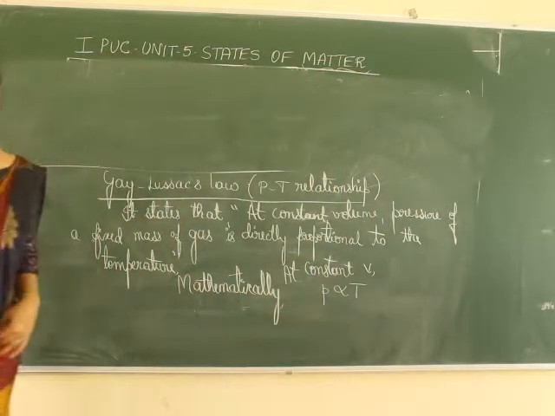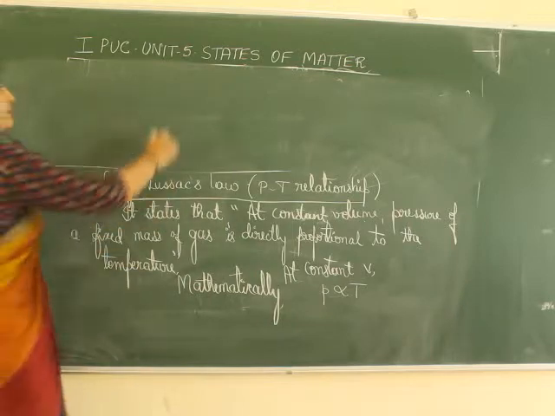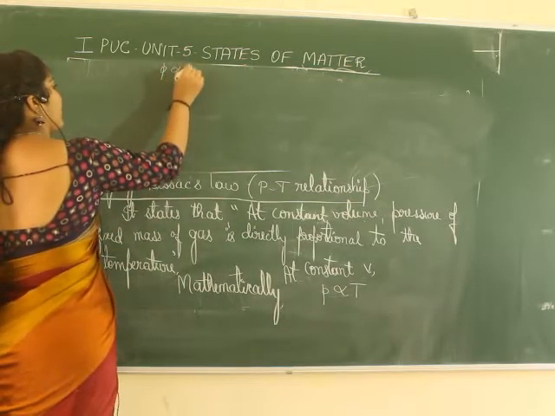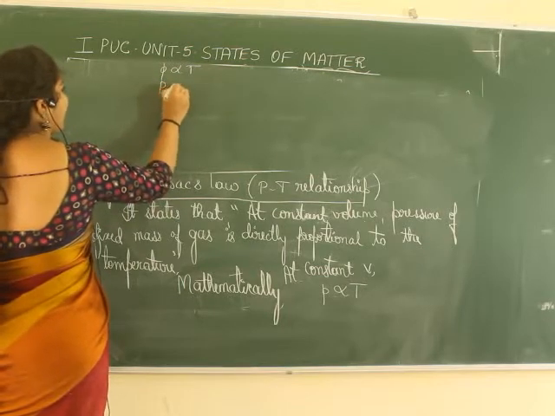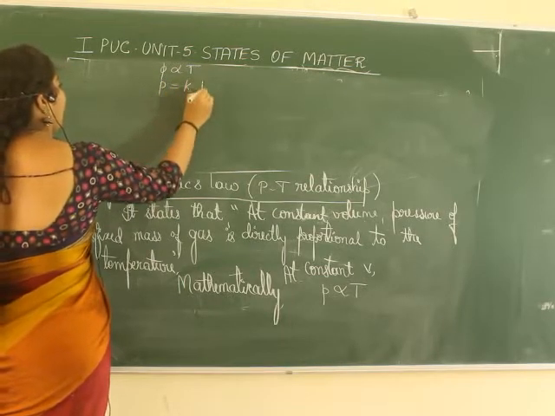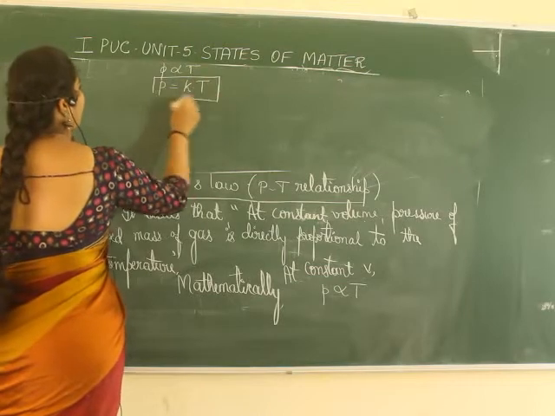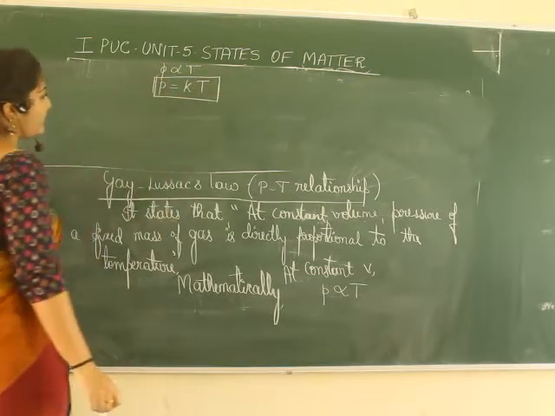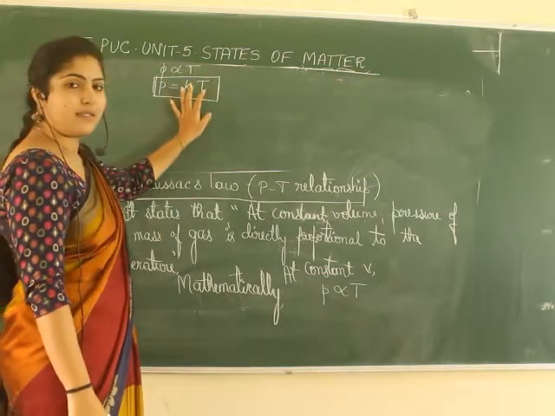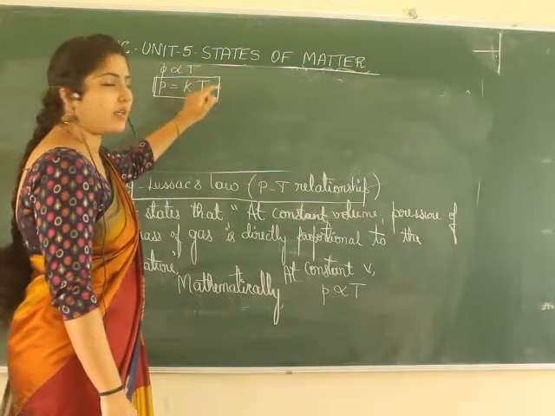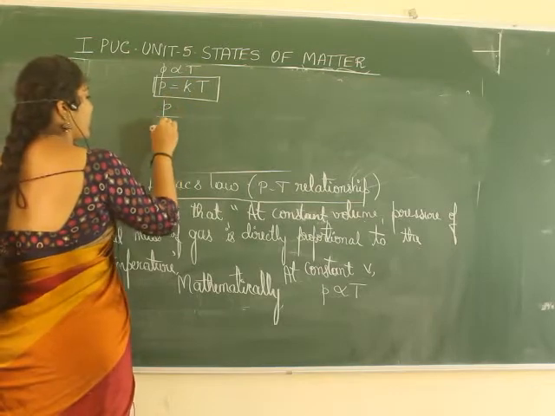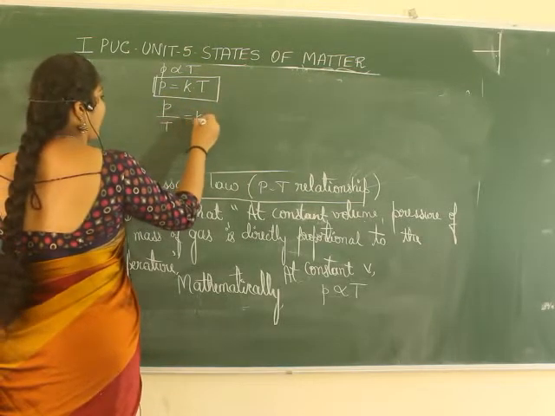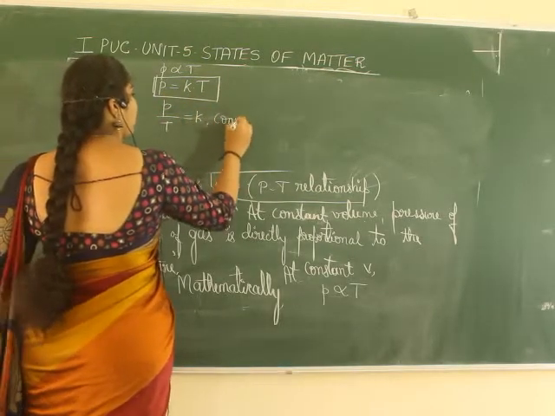Now we have pressure directly proportional to temperature. Let me remove the proportionality symbol. I'll take a constant K into T at constant volume. Otherwise, how can I write this? I'll keep the constant here, take the other terms to the left hand side, or it can be written as P by T is equal to K, which is a constant.